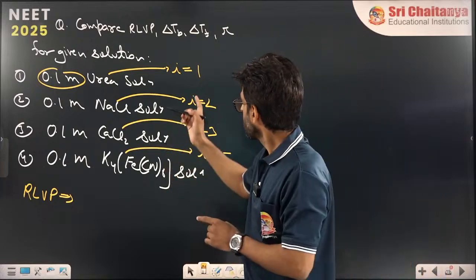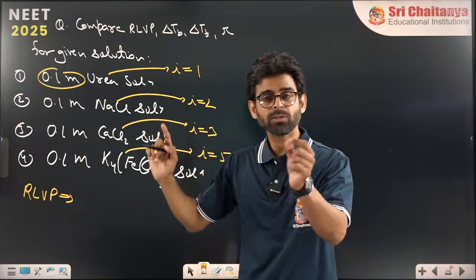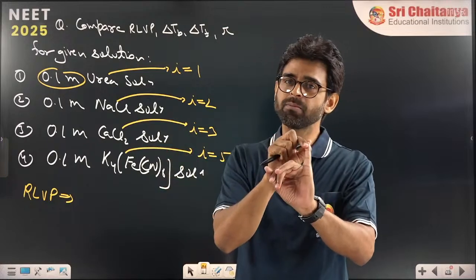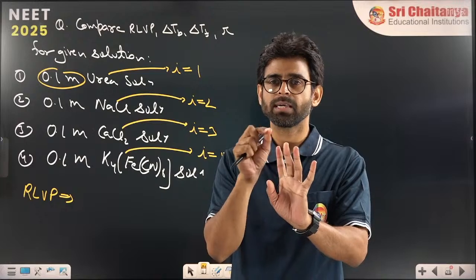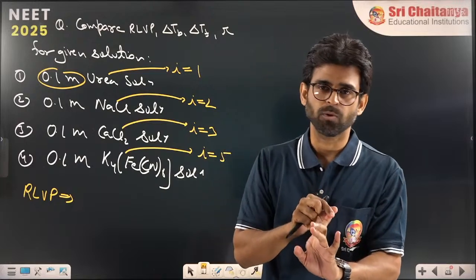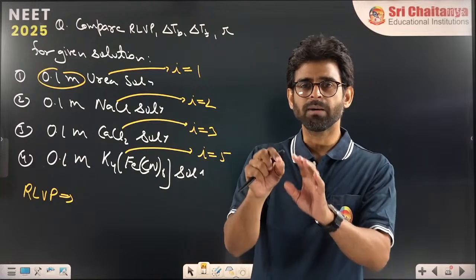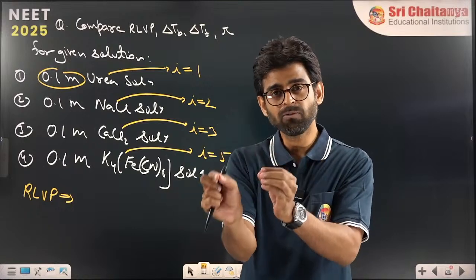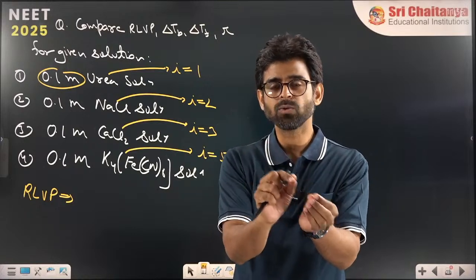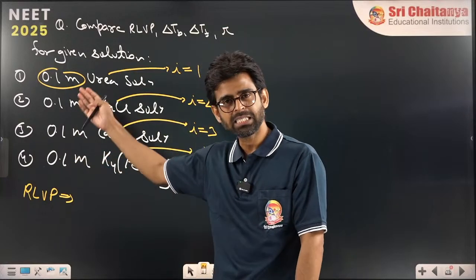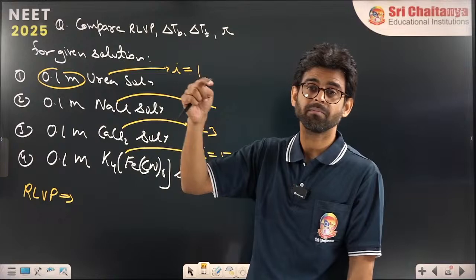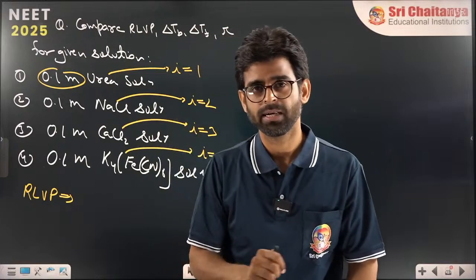Okay, right? So i times x more, i into x more means RLVP more, delta TB more, delta TF more, osmotic pressure more, right? Basically, multiplication tells us: i into M will tell us, or i into x will tell us. But here M is same, x is same. So who is the main factor? Van't Hoff factor, right?